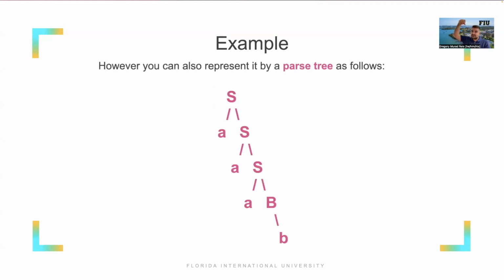You can also represent it through a parse tree, which is the hierarchical format. From S, I generate AS, I'm sorry. S generates AS, S generates AS, S generates AS, S generates B. Finally, B generates b. You know that all my leaf nodes are characters. When I reach the case where all my leaf nodes are characters, terminals in my language, this was generated by that grammar: AAAB.